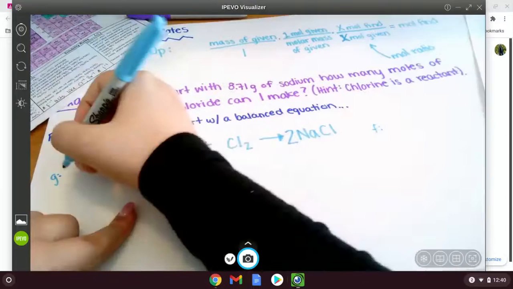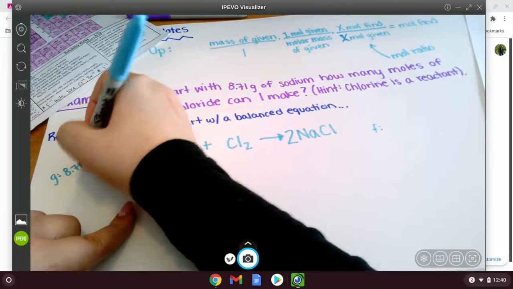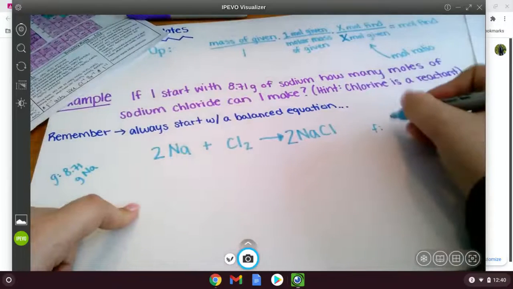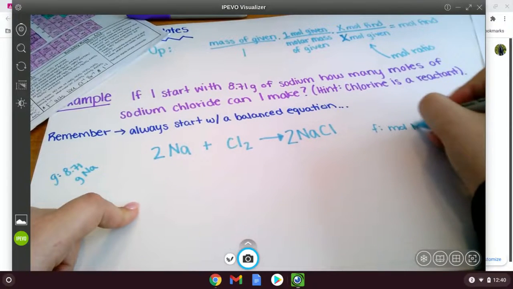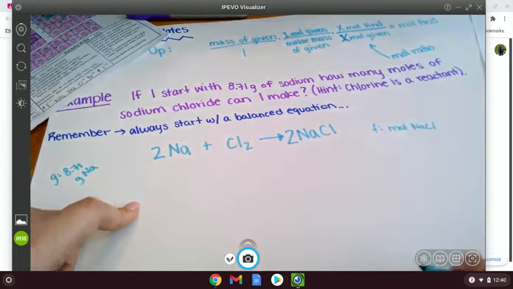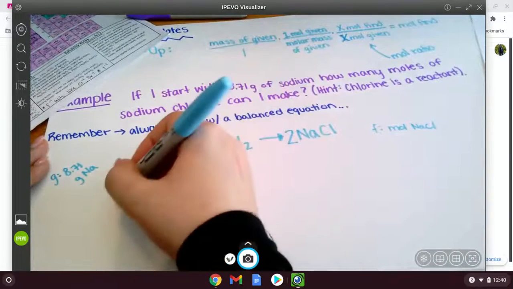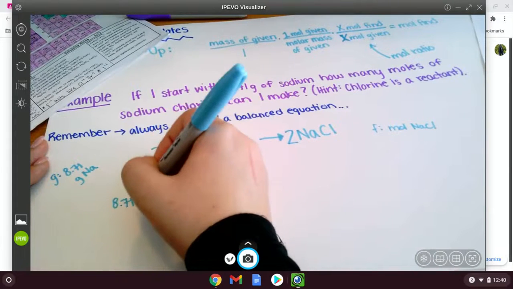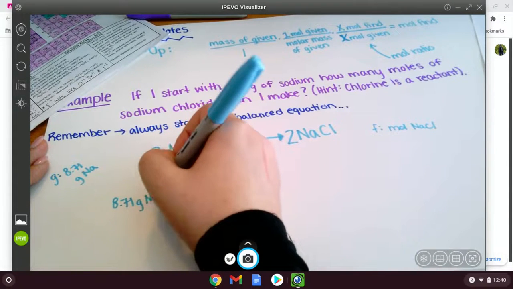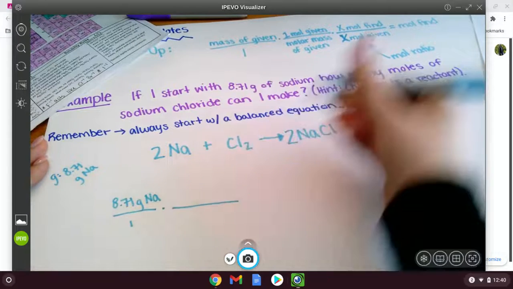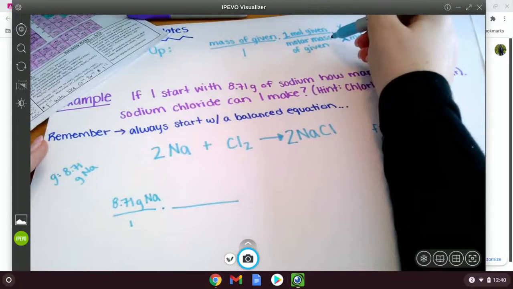So we were given 8.71 grams of Na. And we're trying to find moles of NaCl. Okay? So the mass of the given, so 8.71 grams Na over placeholder 1. And then we're going to put the molar mass of what was given to us.